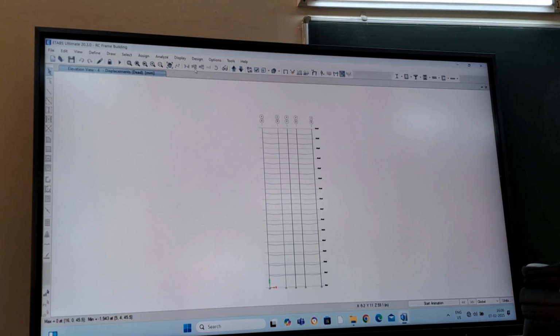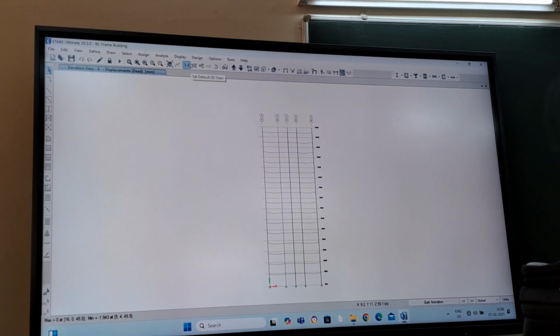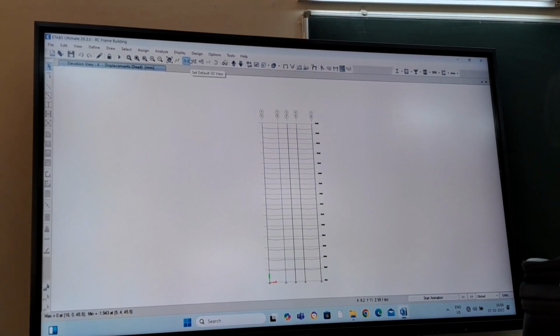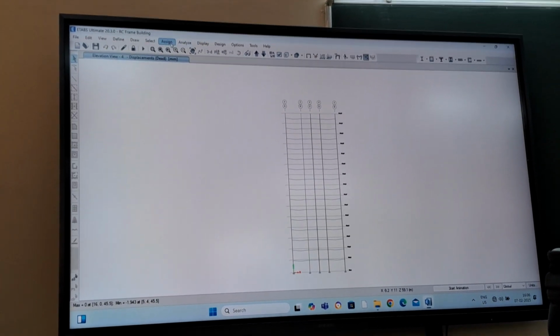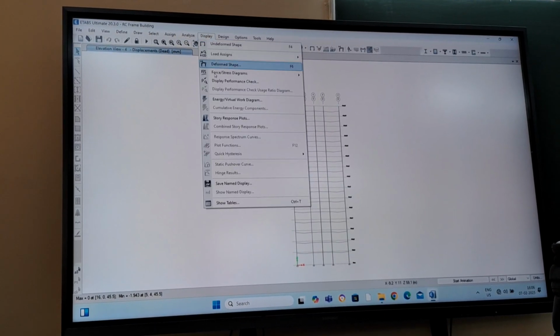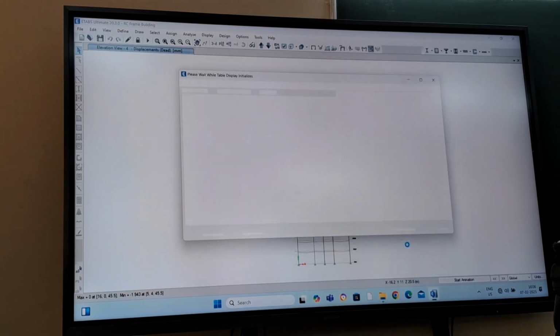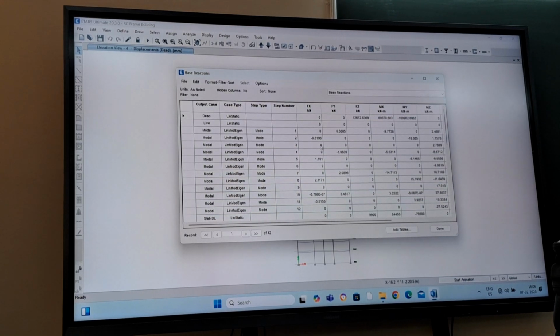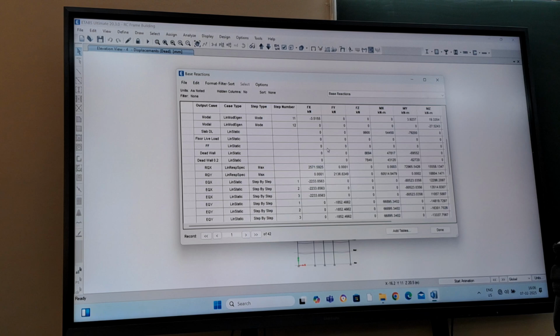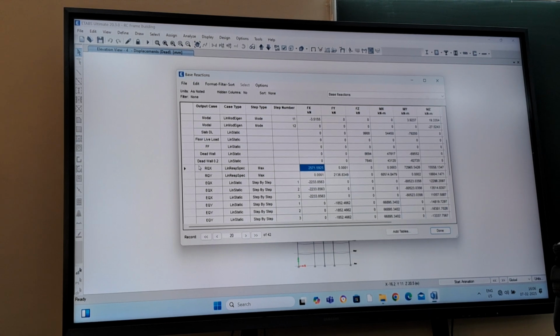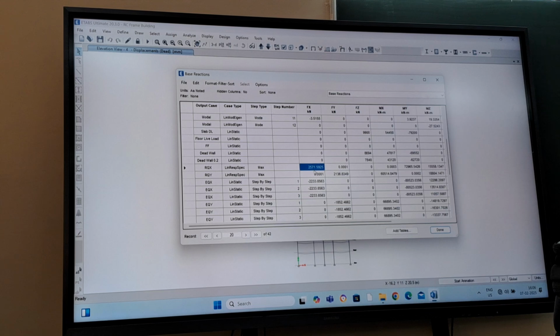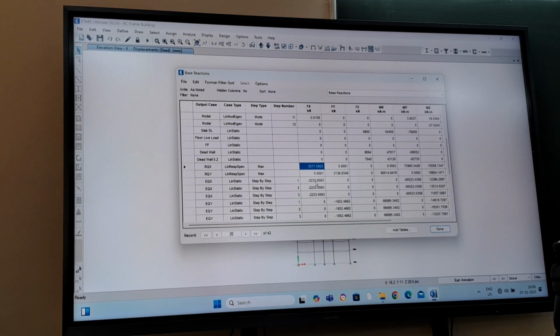Now again you have to check the ratio, because you have changed your structure, so the ratio will be different. Again you have to apply the ratio correction. See, now the response spectrum load case is giving you 2571 and the static load case is giving you 2233.